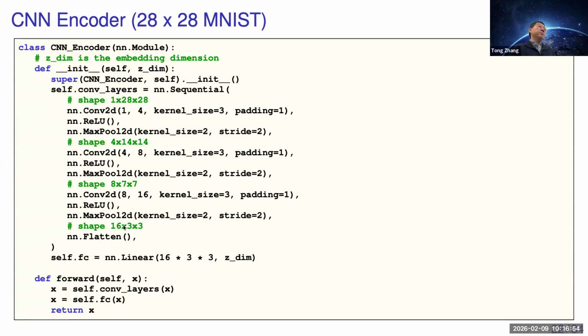If this is the final, then your flattened representation is a vector of size 16 by 3 by 3. And then you map that to the D dimension. This D in our earlier example is either 2 or 16. So that's your representation of the CNN.